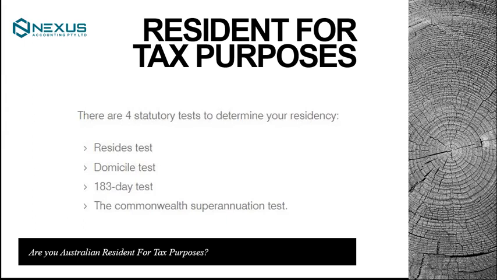Now, we're not going to go through them. There's also a very good decisioning tool on the ATO's website, a residency status decisioning tool that you can access and use at your leisure. But in order to determine if you are an Australian resident for tax purposes, this is what you need to do.